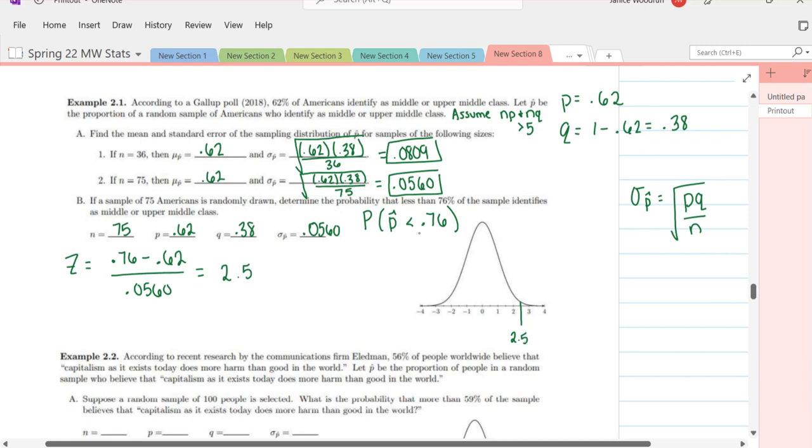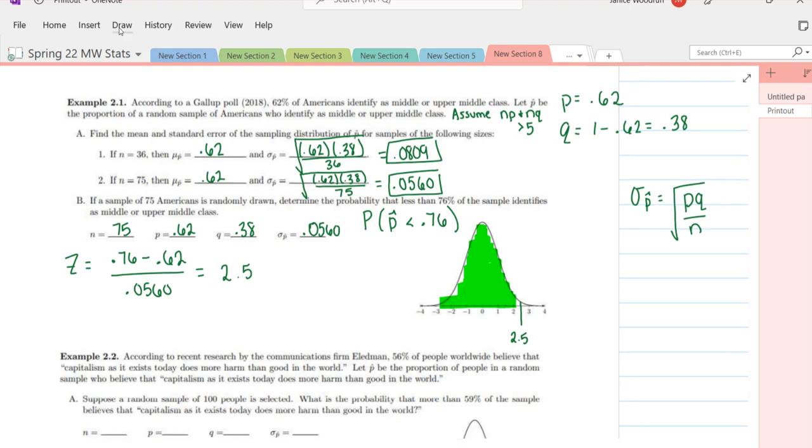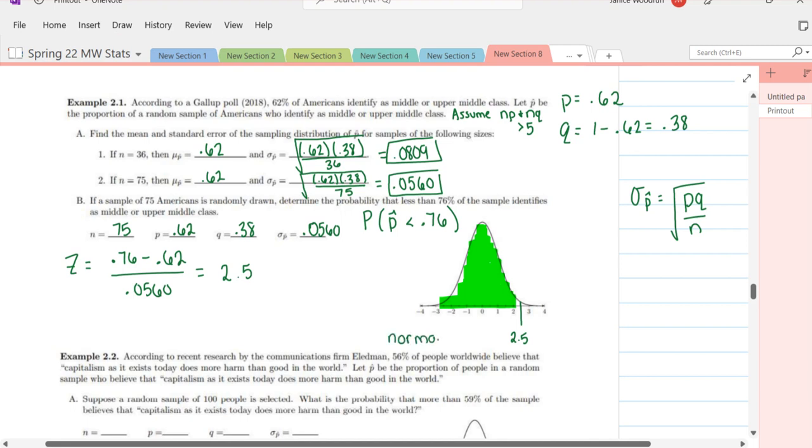You want the probability that p hat is less than that. So this is all to the left. This should be a pretty high percentage because it's most of this curve. Okay, here I would go normal CDF, and then going to the left, negative 99, upper limit 2.5.